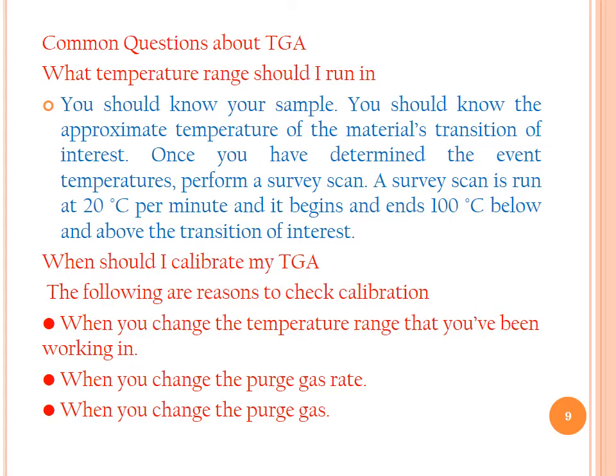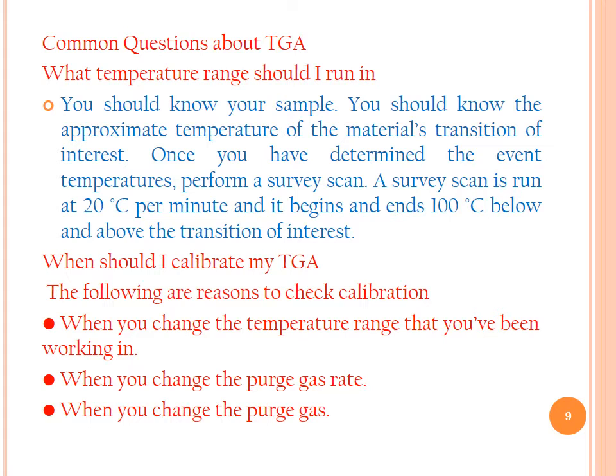That survey scan is a scan of the temperature, and it is used on different types of TGA instruments. A survey scan is run at 20 degrees centigrade per minute, and it begins and ends 100 degrees centigrade below and above the transition of interest, meaning the transition temperature of any material under investigation by the TGA technique.